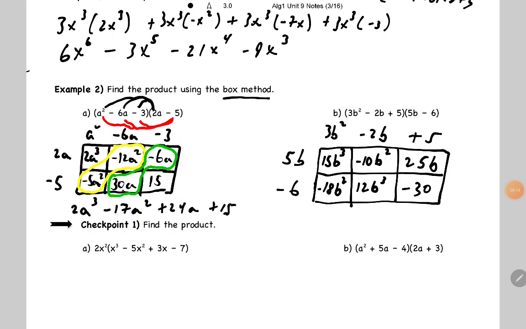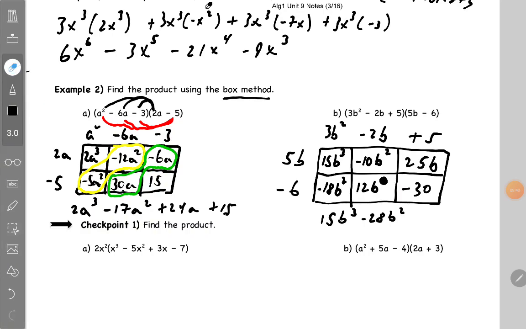Okay. And then we're going to put down what we have, 15b cubed. Combine our like terms: negative 18 minus another 10 is negative 28b squared. Oh, for some reason I put this as 12b cubed, but that's not right. Okay, let me change my eraser size.